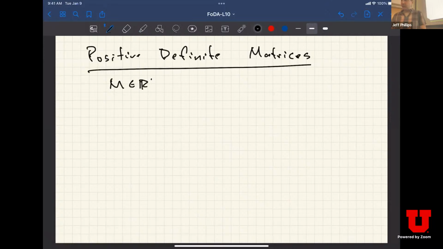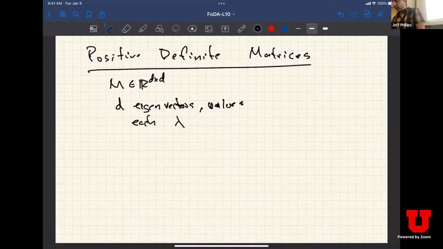These are D by D matrices, and each will have D eigenvectors and eigenvalues, and each lambda i, its eigenvalue, is real, and each lambda i is strictly greater than 0. This will be the nice class of these square matrices.